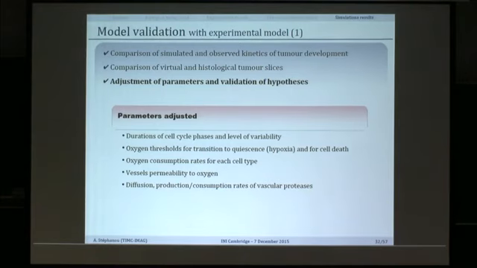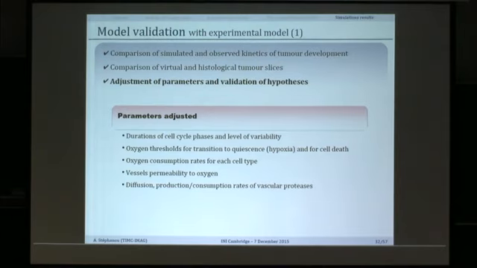We had to adjust the oxygen consumption rate for each cell type, and this was a very tough thing to do because there are very few data in the literature that correspond to the exact same model, so we had to make some guesses. And also for the vessel permeability to oxygen. And so we did it.